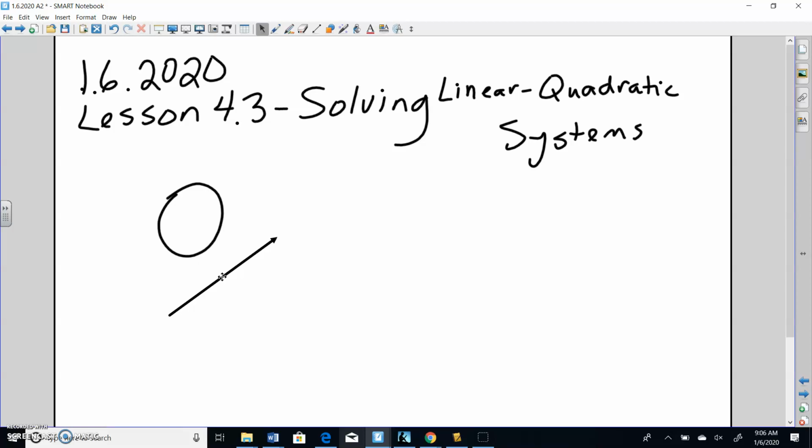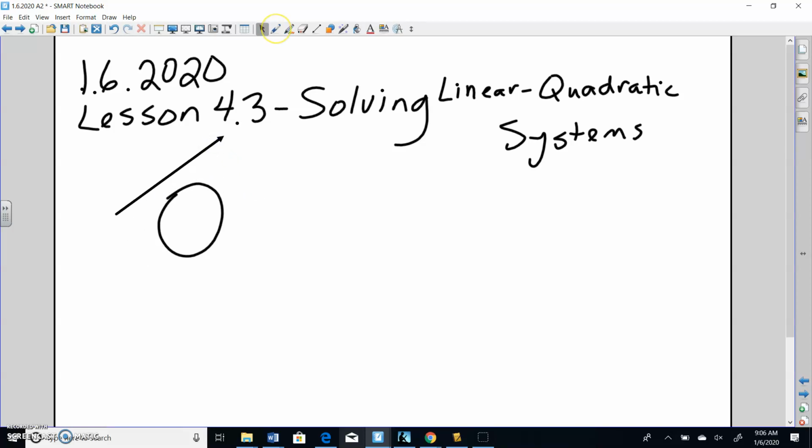Right now, how many are they intersecting at? So you have no points in common. How many points do they have in common here? 1. How many there? 2. The max they could have would be 2, or they could have 1 or none.